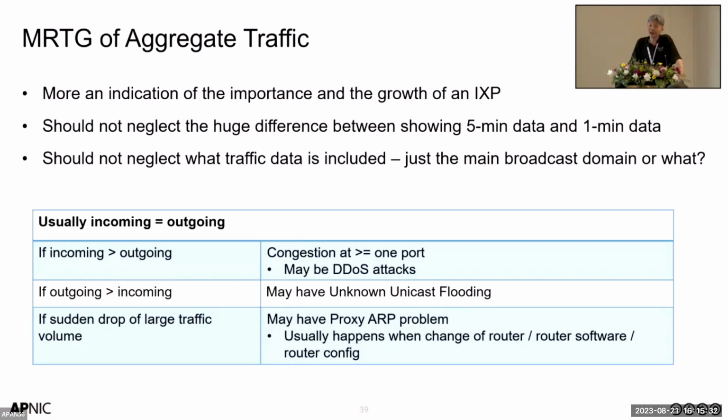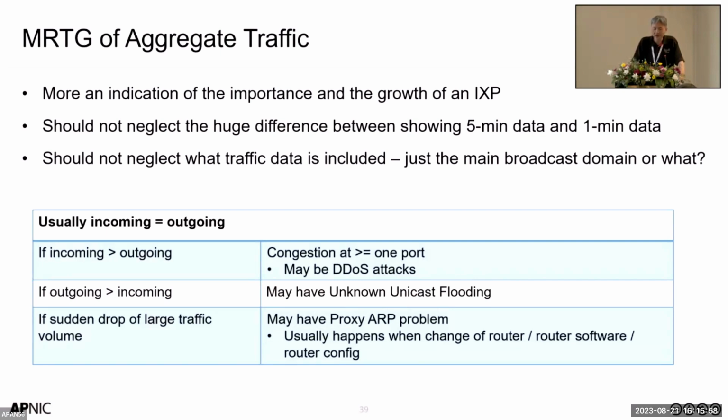In that case, I would recommend you talk to the participant to look at that, whether it's normal. But in a lot of cases, if it's not DDoS, then that would mean they need to upgrade the port. They need to add more connections. Otherwise, it will cause issues to others, sooner or later.